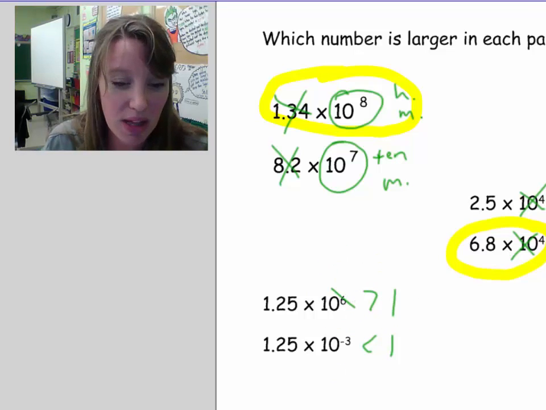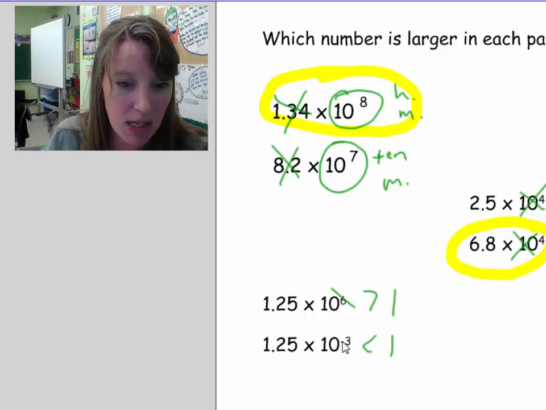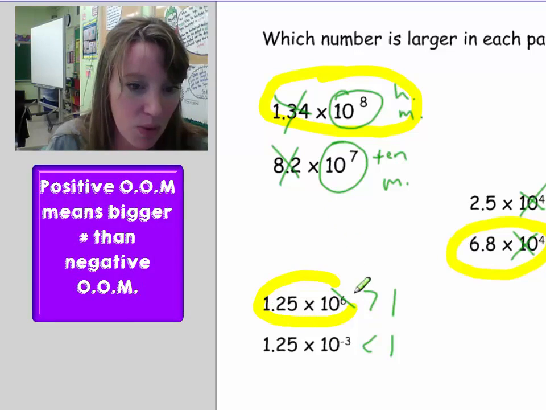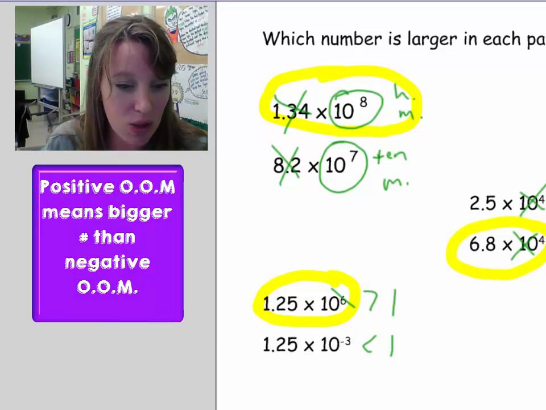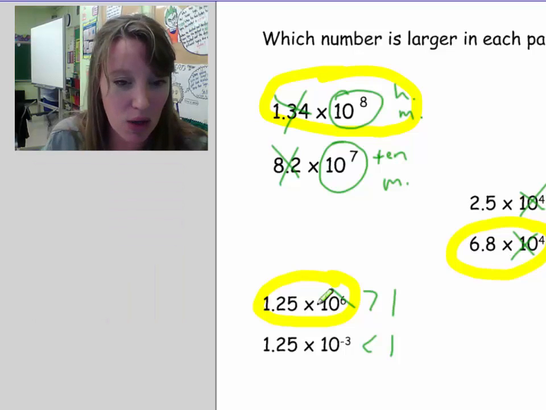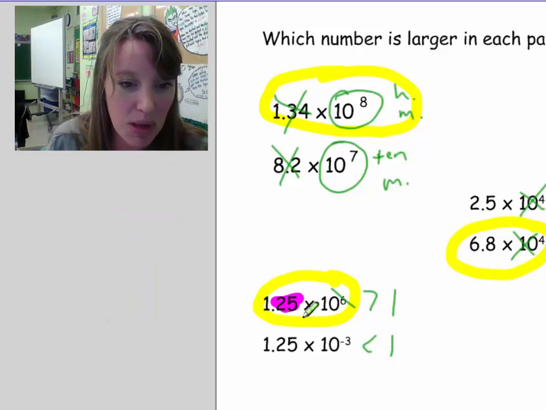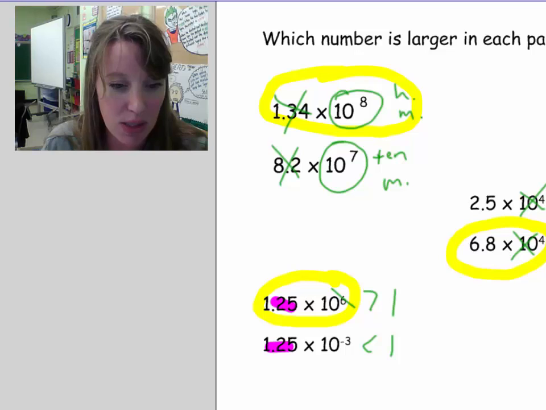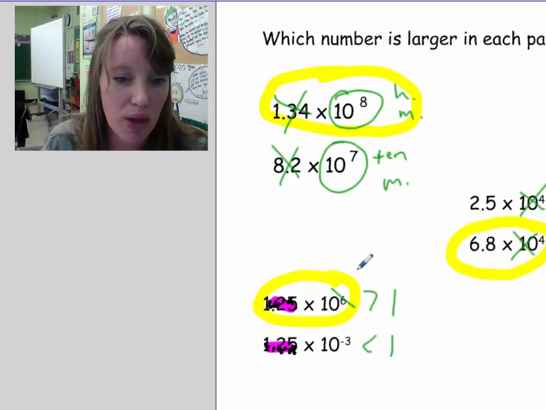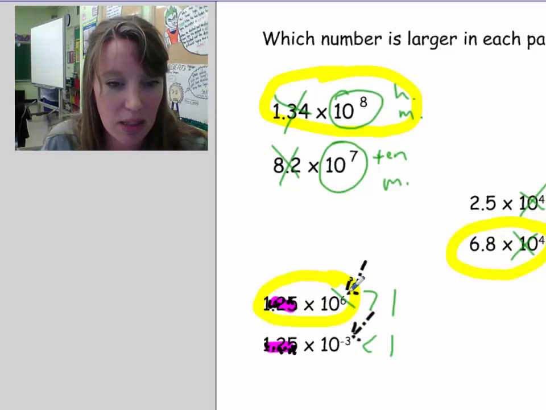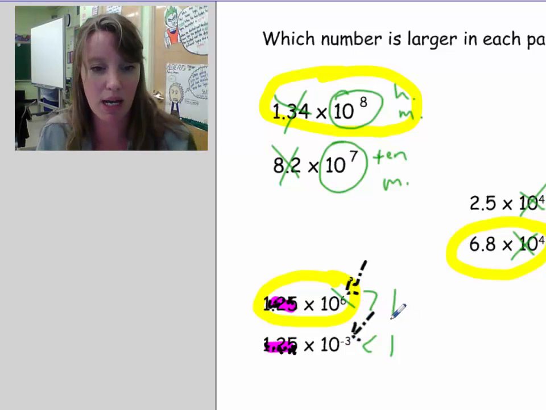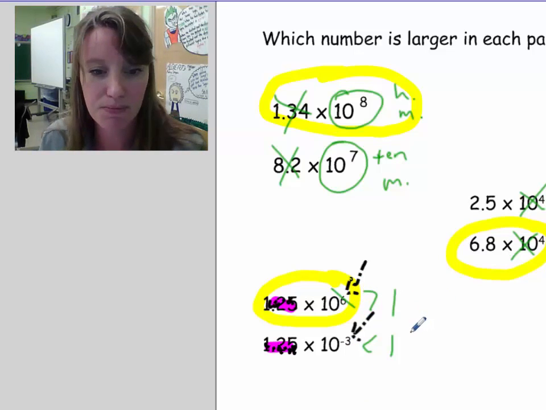So whenever it has a positive order of magnitude, any number that has a positive order of magnitude is bigger than any number that has a negative order of magnitude. And we do not have to look at the coefficients. We can just get rid of those as long as we know that the orders of magnitude have two different signs. This one's positive, this one's negative. We automatically know what the answer to these questions are.